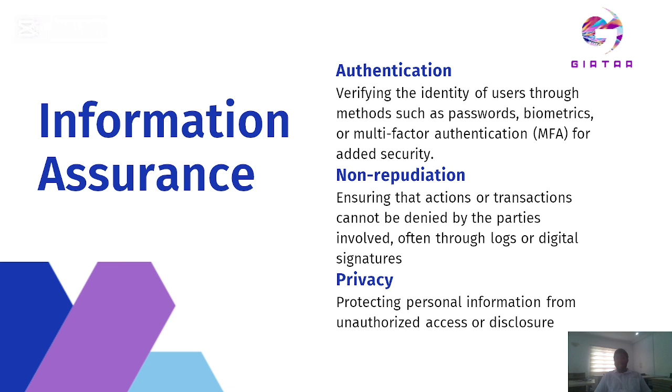So, now what non-repudiation is saying is that everything that is happening is being monitored and we can tell who touches what. For example, your bank statement is yours. Why? Because it is your bank, it is your details that you used to open the account. Now, that bank statement, you can't deny the transactions that happened there because you're the one that has been making the transfers, etc. So that's what non-repudiation is.